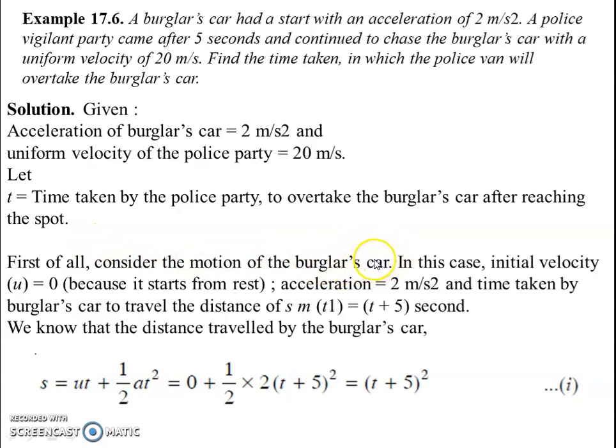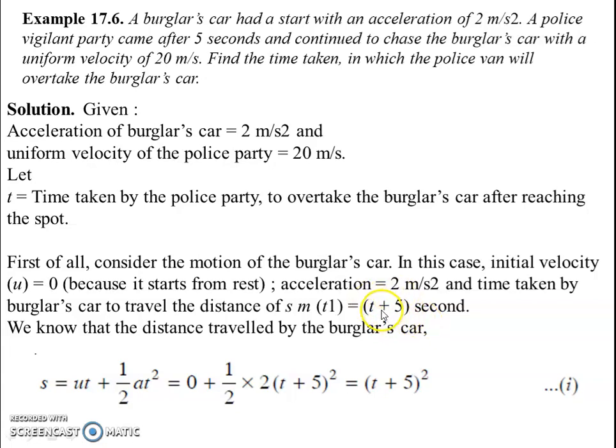In this case, the burglar car's initial velocity U is 0, because it starts from rest. Acceleration A is given, and the time taken by the burglar car to travel distance S is T1, which is equal to the total time plus 5 seconds.